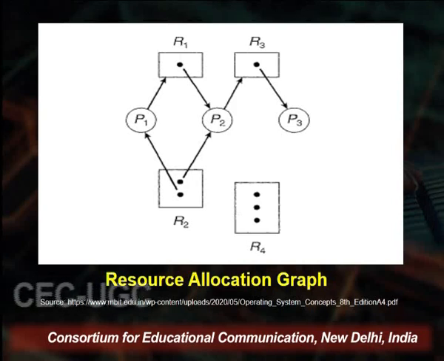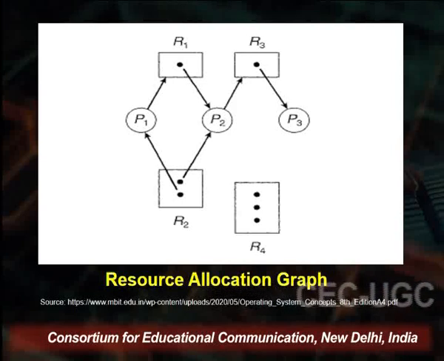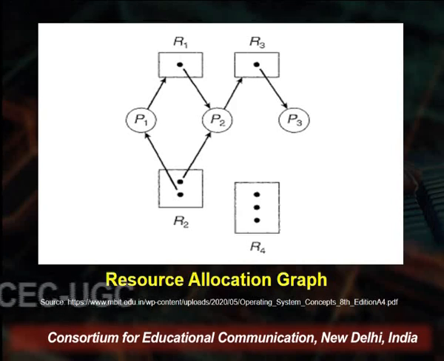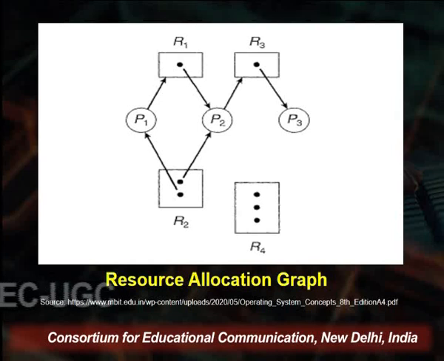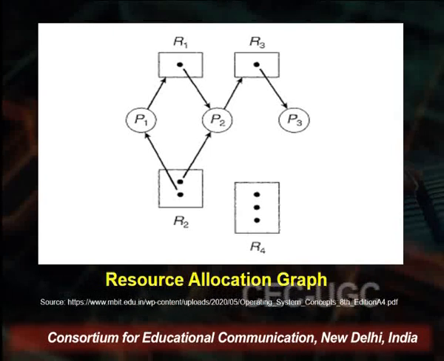There is an edge from P1 to R1, then from R1 to P2, and there is also an edge from R2 to P1. So R2 to P1, then P1 to R1, R1 to P2, then there is no edge from P2 to R2. That means in the first rectangle between P1, P2 and R1, R2, we are not finding any cycle.